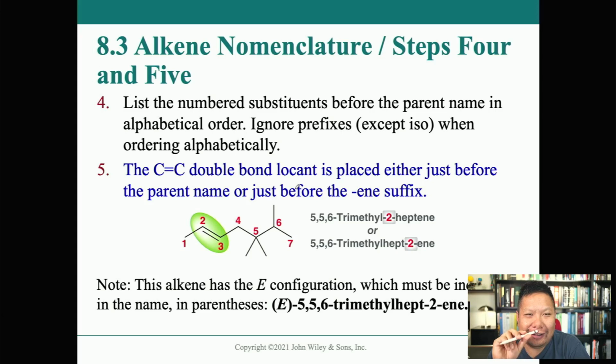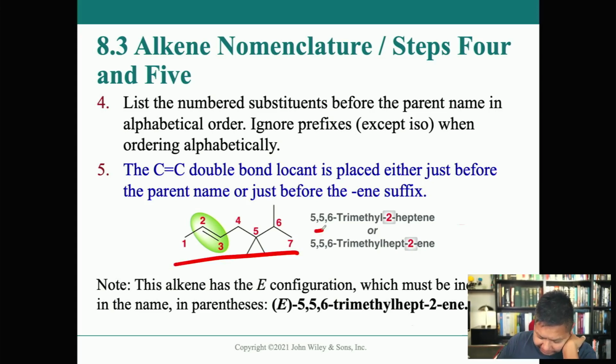And then 5, the double bond locant must be placed either just before the parent name or just before the -ene suffix. So here we go. We have 5,5,6-trimethyl-2-heptene, or 5,5,6-trimethylhept-2-ene. I kind of prefer that one more. That sounds better to me.